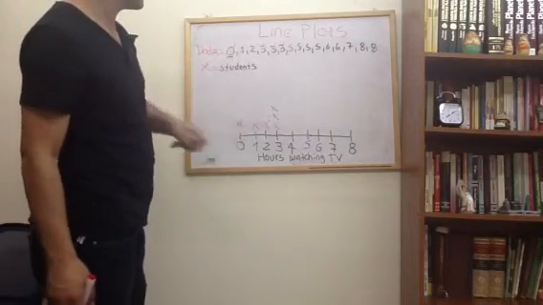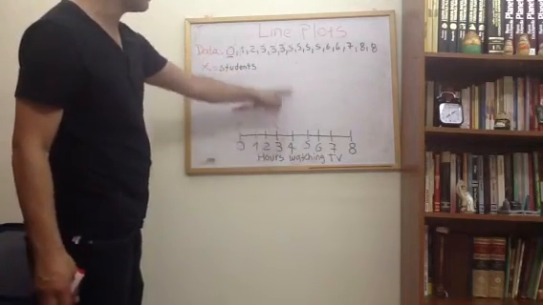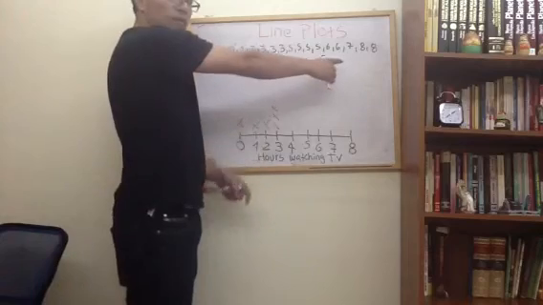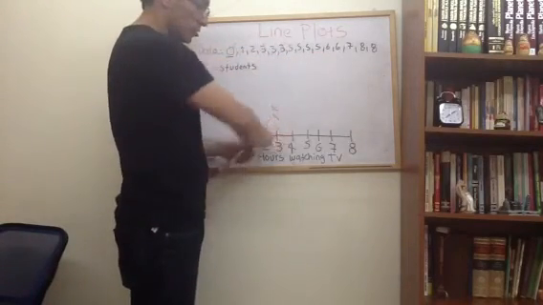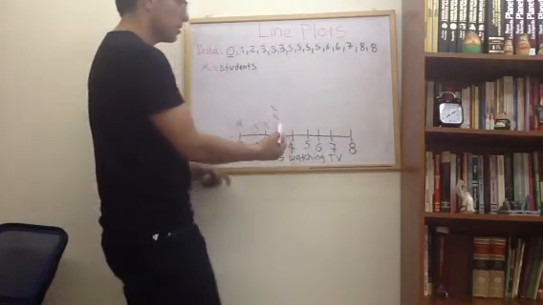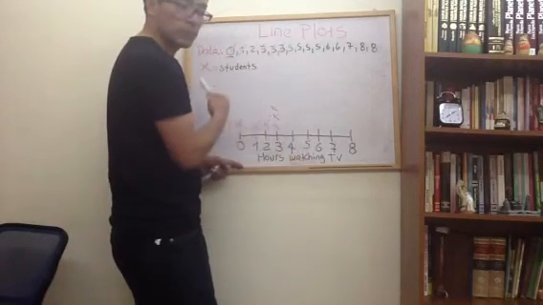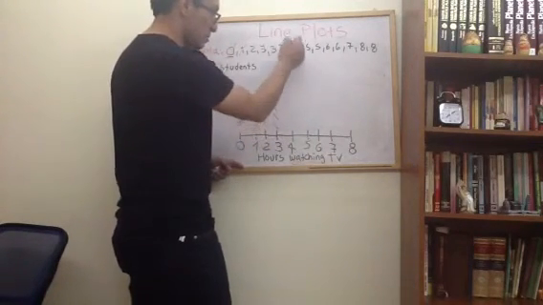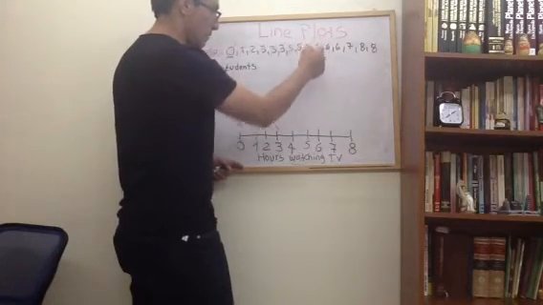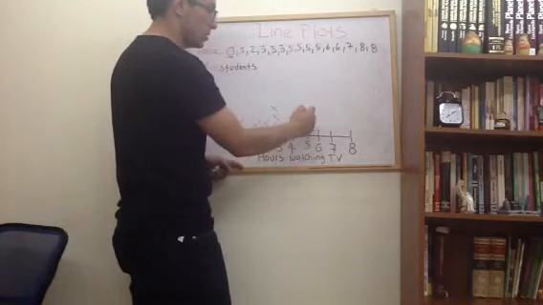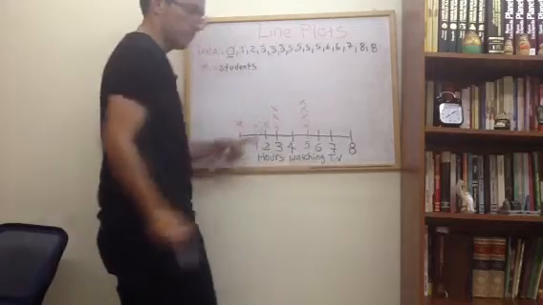How many students watch 4 hours of TV? So notice that 4 is not here in the data. So you just skip that number and you get to 5. How many students watch 5 hours? Okay, so you have 1, 2, 3, and 4.